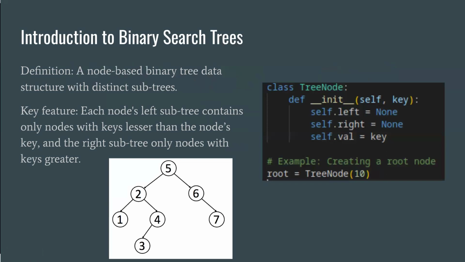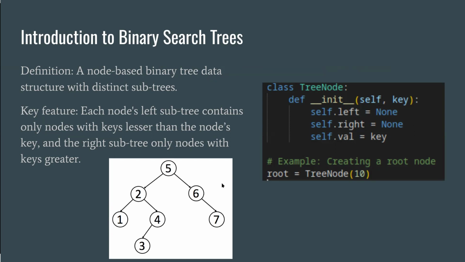A binary search tree is a node-based binary tree that organizes data with efficiency. Each node in a binary search tree contains a unique key and two subtrees, as you can see, termed left and right.